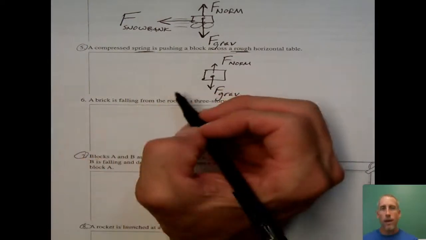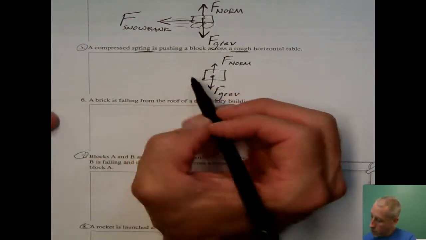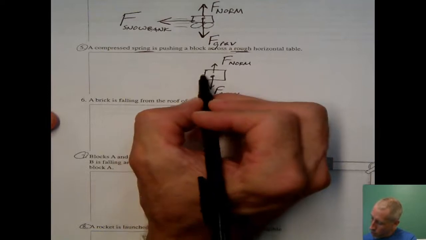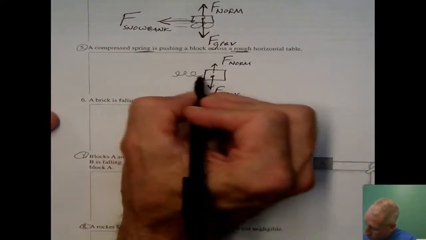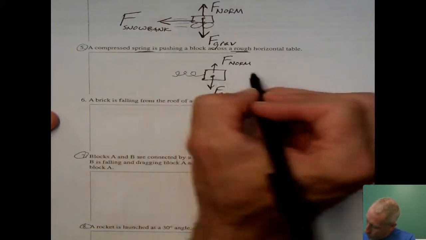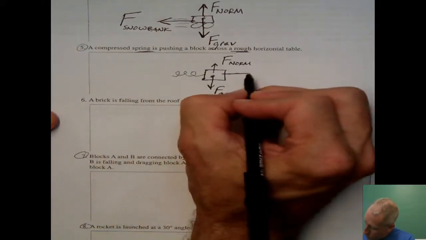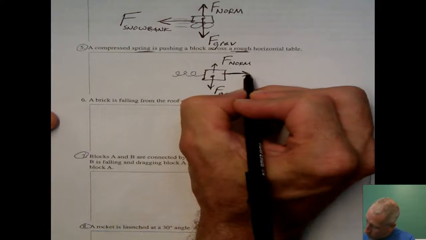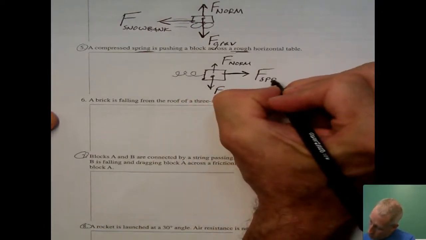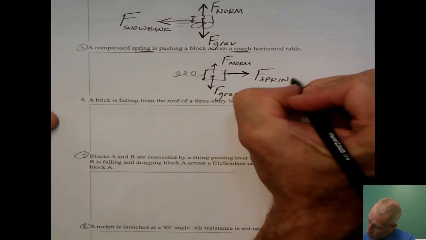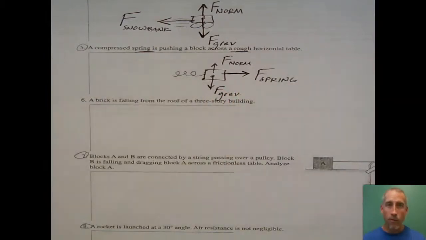So again, I tend to have my motion rightward. I think that's because that's the direction that I read. And so if we had the spring maybe over here, I don't want to draw too much stuff, but it's being pushed this way if that spring is compressed. So I'll say this is the force of the spring. That can also be referred to as an elastic force in some textbooks and some teachers.